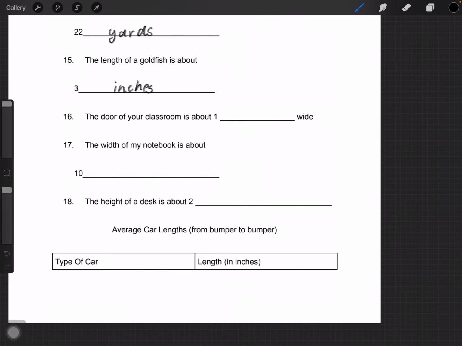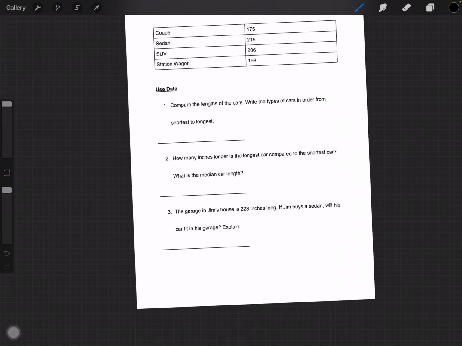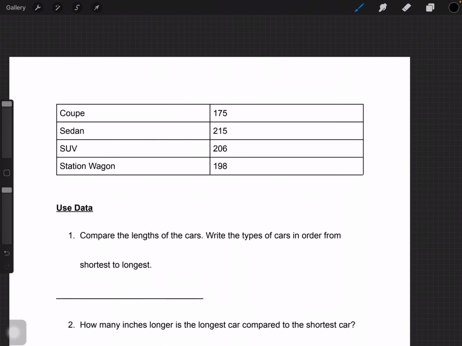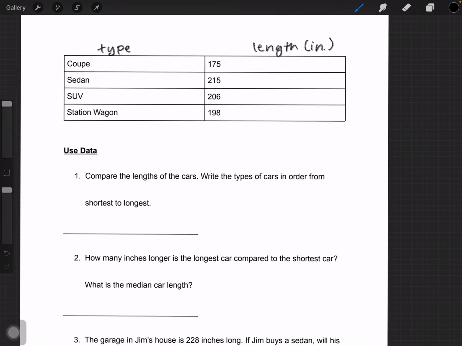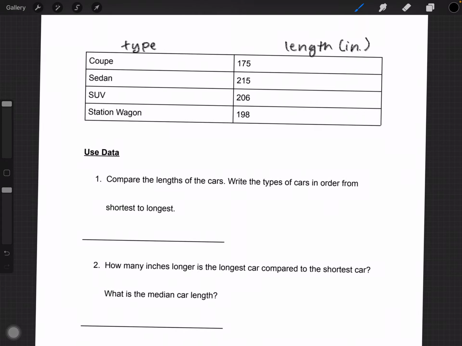This is kind of cut off, but this part is the beginning of a table. On the left is the type of car, and on the right it talks about the length in inches of the car. It says compare the lengths of the cars, write the types of cars in order from shortest to longest.